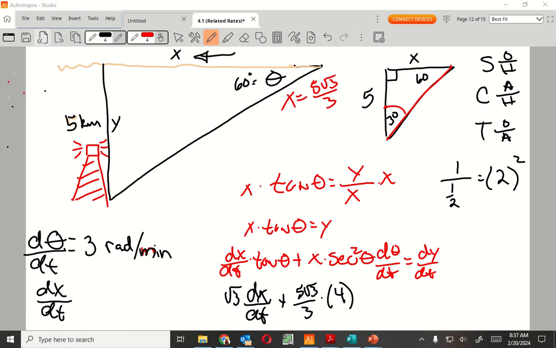D theta dt is going to be 3. Dy dt: is my y changing? It's not changing. There is no change to the y.